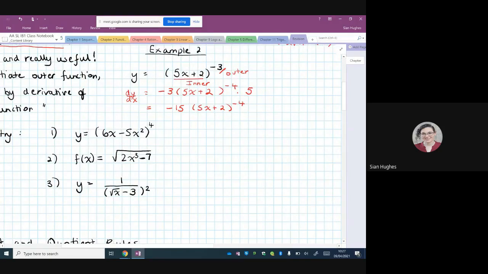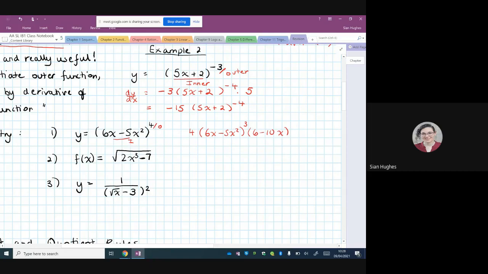So on this first one, there's my outer function, the 4. So 4 comes to the front, and the power turns to a cubed. So I've done the outer function. The next part is my inner function, 6x minus 5x squared, and the derivative of that is 6 minus 10x.